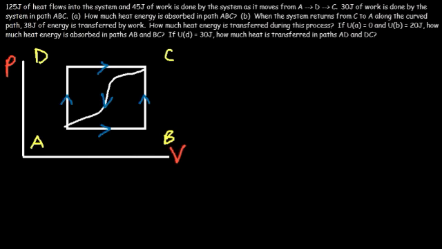Let's try this problem. Let's focus on path A to D to C, which is this path. We're given the amount of heat that flows into the system. Because heat is absorbed by the system, Q is positive. And we're told that 45 joules of work is done by the system.